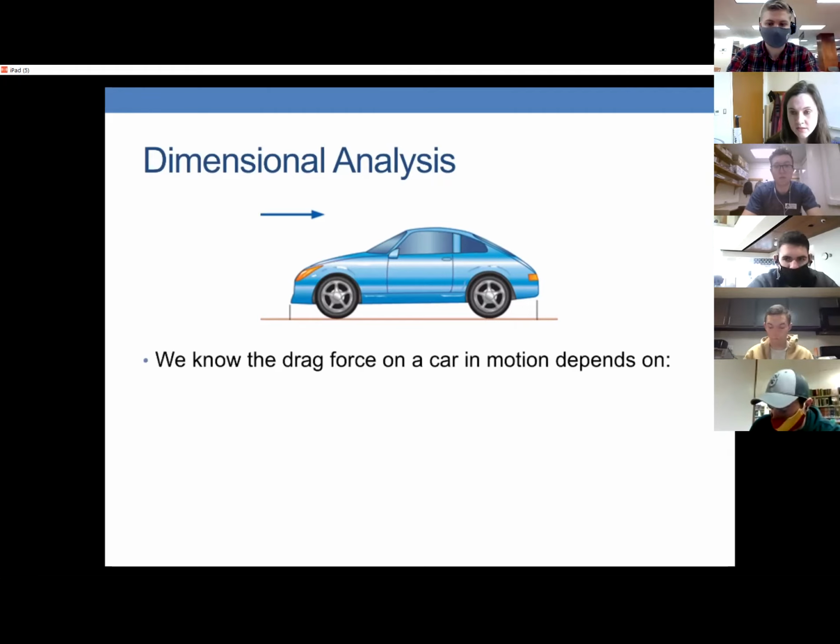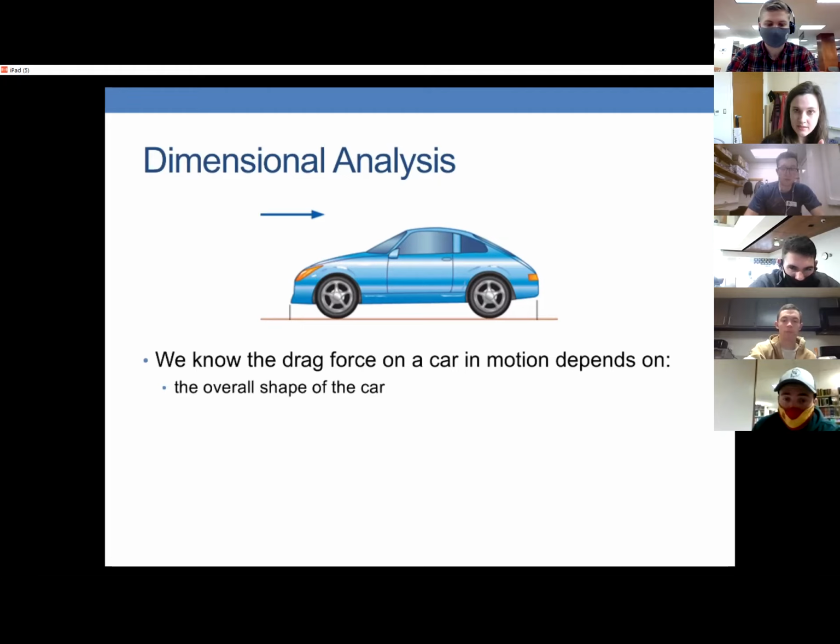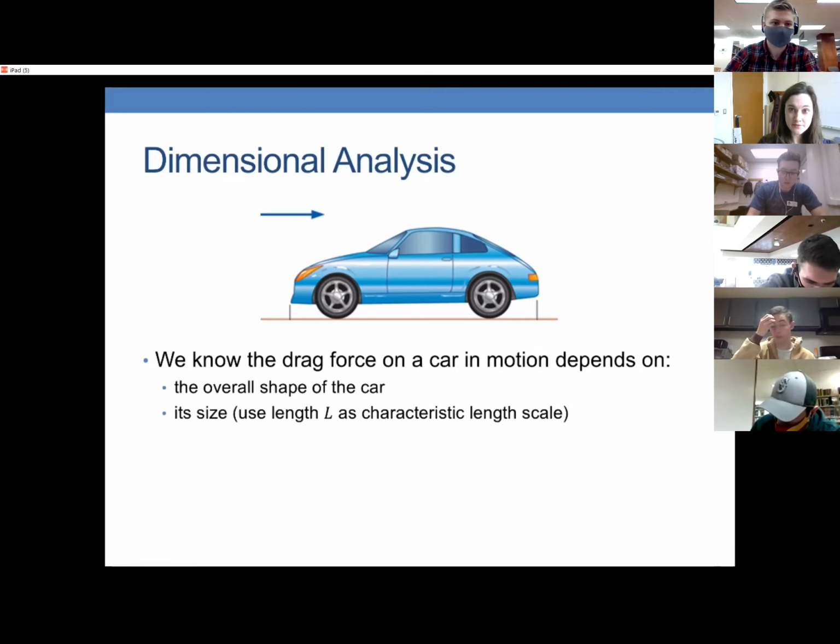Well, we know that the drag force depends on the speed of the car. We also know it depends on the shape of the car and its general size. So we're going to use the length of the car as the characteristic length scale.